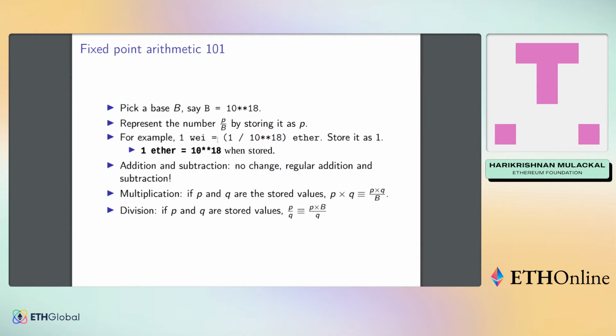You are already implicitly using this if you are interacting with ERC20 tokens, for example. They have this innate idea of decimals. For example, in USDC it is 6. In DAI, it's 18.